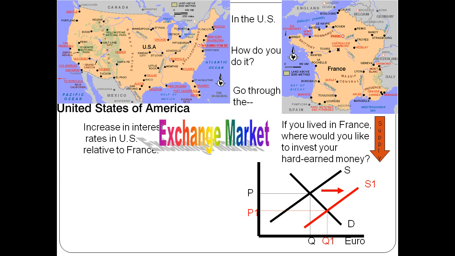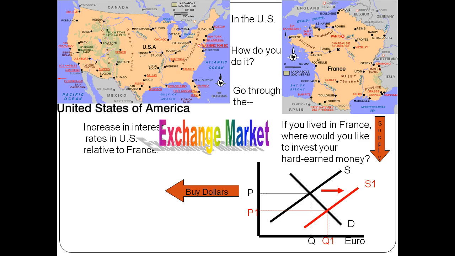So you can see here that the price of the euro went down. Thus, you had a depreciation in the euro. So the French are supplying the euros in order to buy dollars.